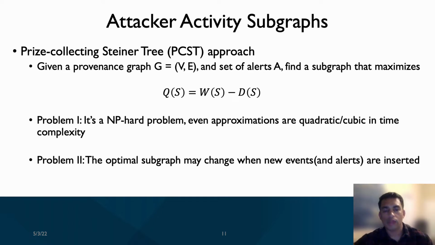So while this seems really nice and easy, we have a couple of problems in applying this directly to our dataset. First, this optimization is an NP-hard problem, and even its approximations are quadratic and cubic in time, and given the size of the graph we have, with 17 billion events, applying this algorithm on our dataset is computationally impossible.